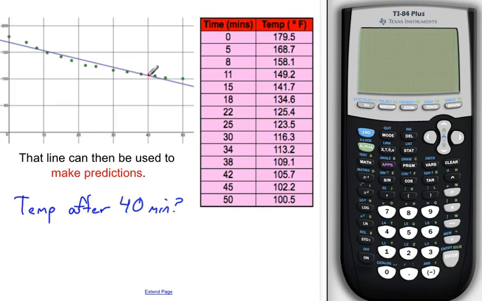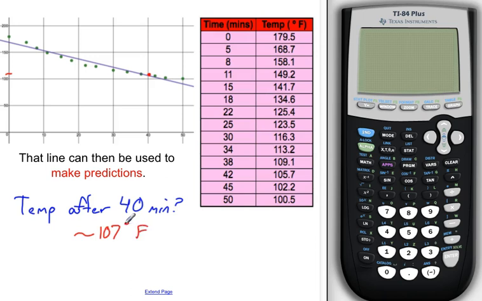We can see that point would be right there on my line of best fit, and I can run that over, and I see that that would be somewhere in the neighborhood of just under 110. We are estimating there. But that makes sense if we look at it here. It should be somewhere around 110, and we can see that that is the case. So I can use this line to make predictions about data that I don't have. Here I would say probably about 107 or so degrees Fahrenheit.